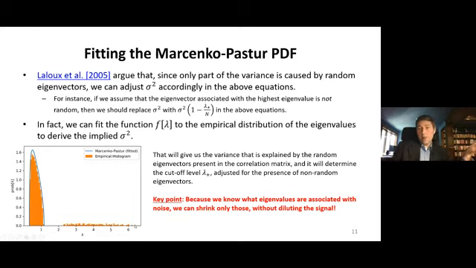That is very likely the strongest eigenvalue, which is related to signal. What we need to compute is the highest eigenvalue associated with noise, and that's the one that we use to separate the two. And to fit this distribution, the Marchenko-Pastur distribution, we need to use machine learning, in particular kernel density estimation.